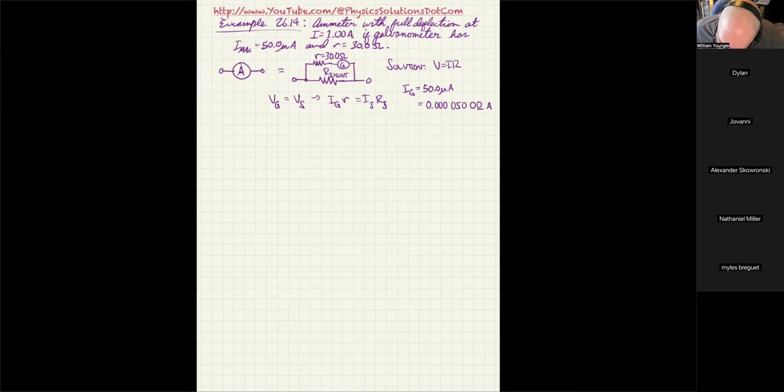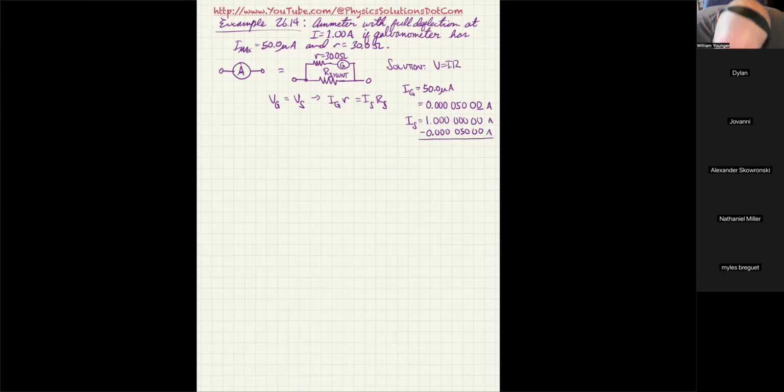That's what the current through the galvanometer is, and we want I through the shunt to be 1.0000000 minus 0.0000500, like that.